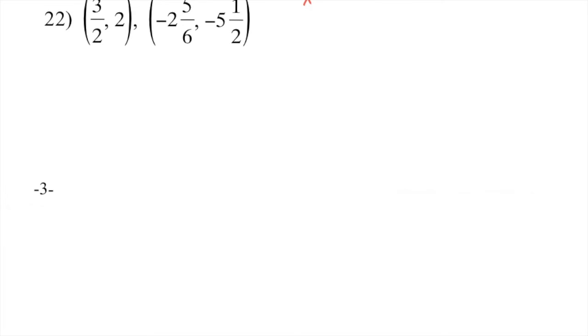We have to turn both of these into sixths, so I'm going to multiply this piece top and bottom by 3. This becomes 9 sixths minus 17 sixths all over 2, and this becomes negative 8 sixths divided by 2, which is negative 8 sixths times 1 half. This can cancel, left with 4. So this is negative 4 sixths, which is negative 2 thirds.